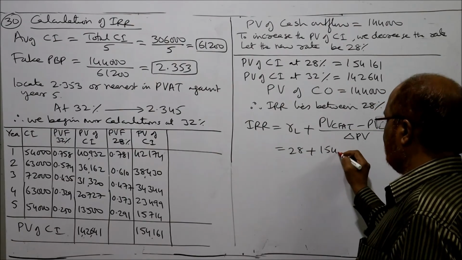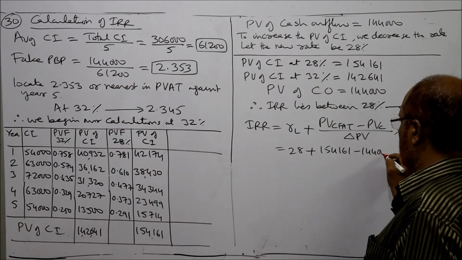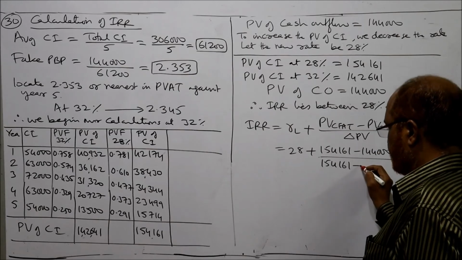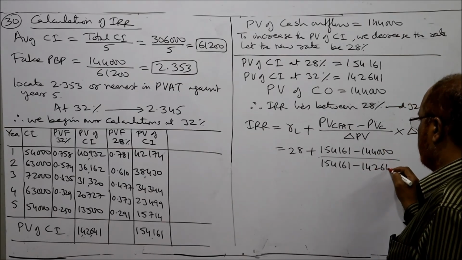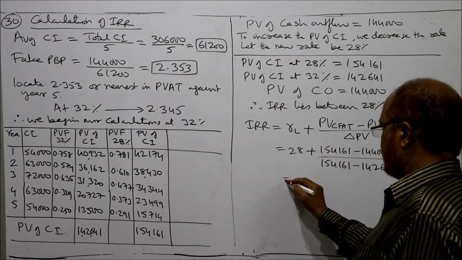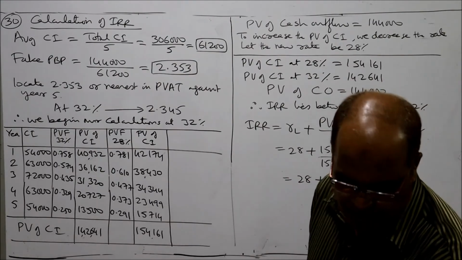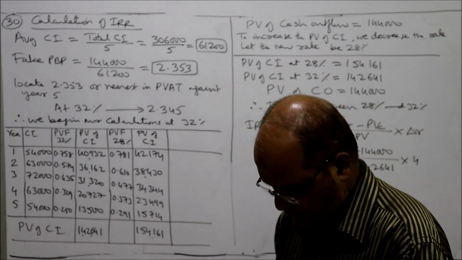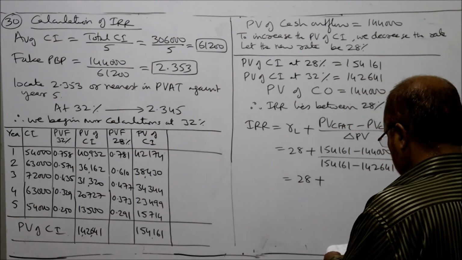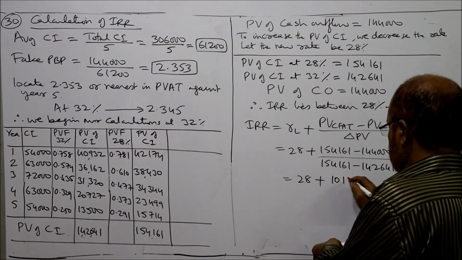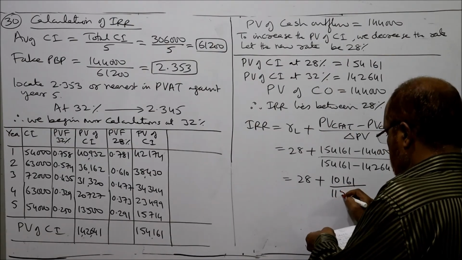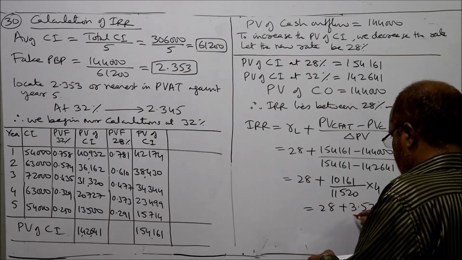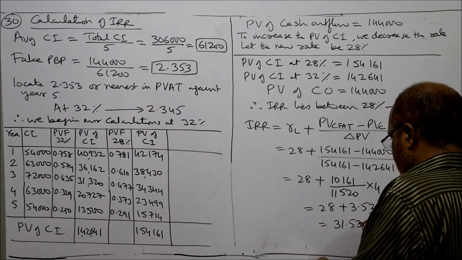28 plus 1,54,161 minus 1,44,000 divided by 11,520 into 4. That is 28 plus 10,161 divided by 11,520 into 4, which is 28 plus 3.53, so 31.53%.